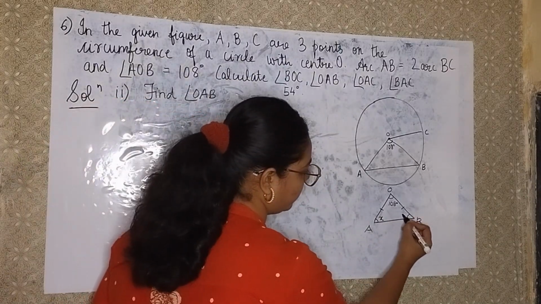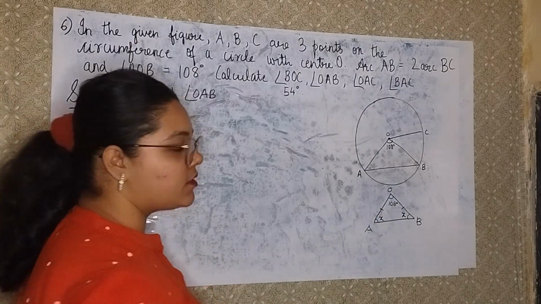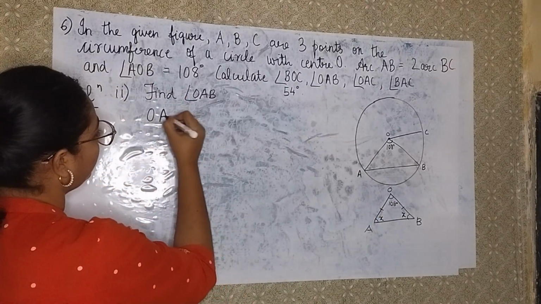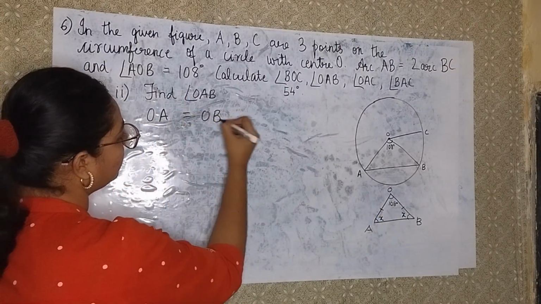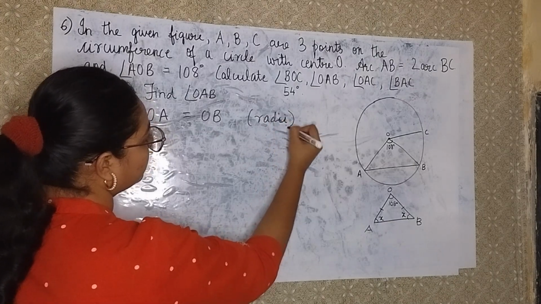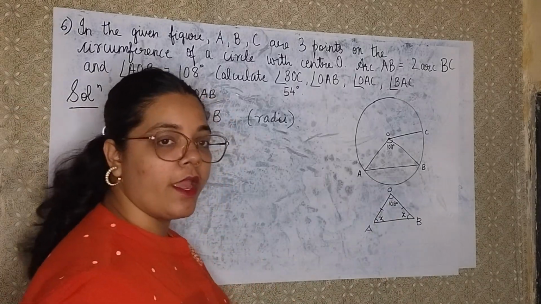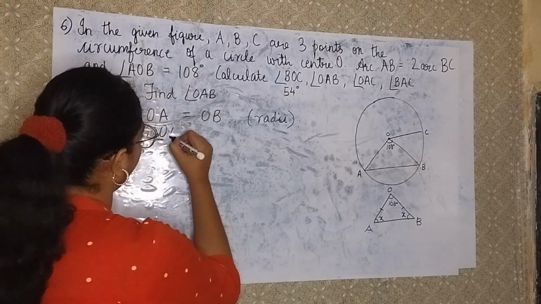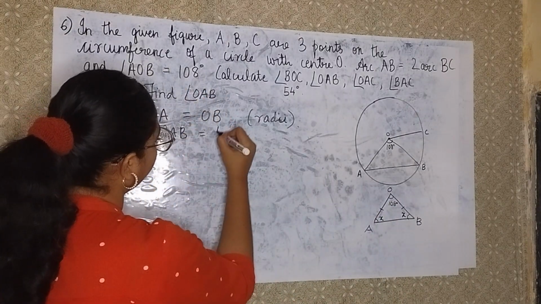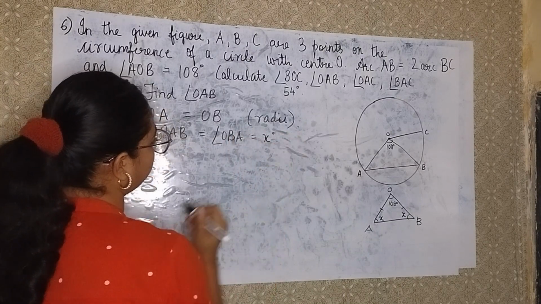So base angles will be X. Starting with the radii of the circle, OA equal to OB. Therefore, angle OAB equal to angle OBA equal to X degrees.